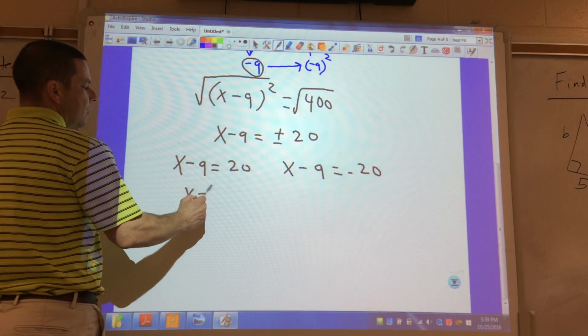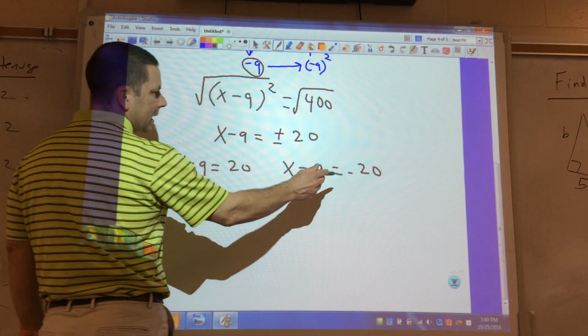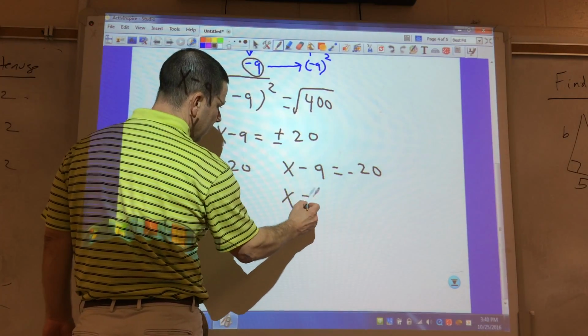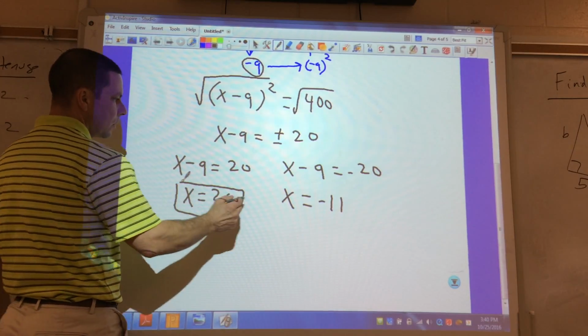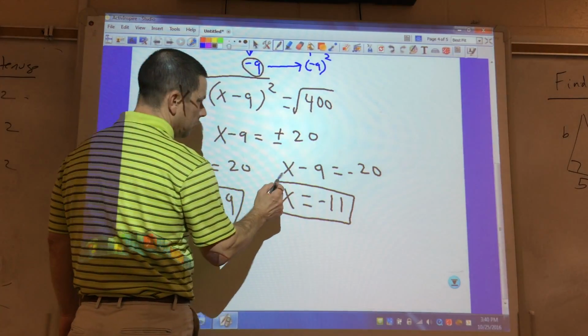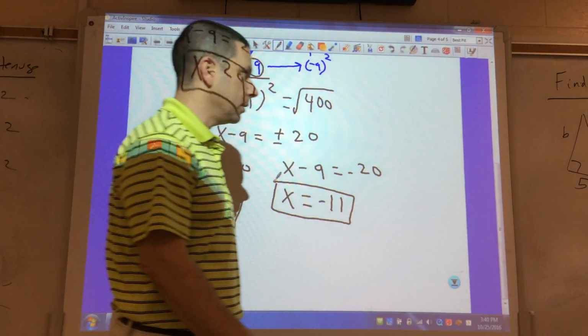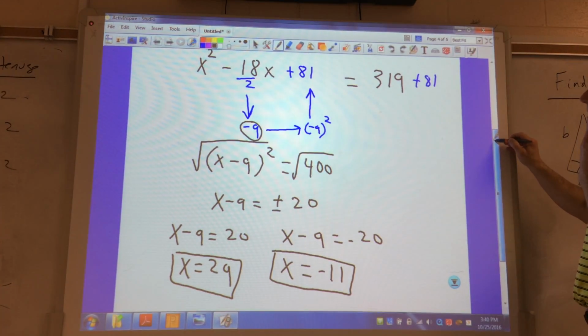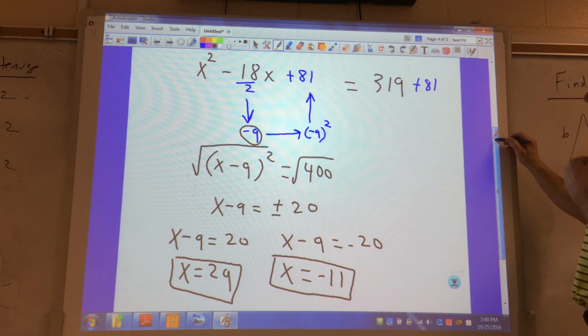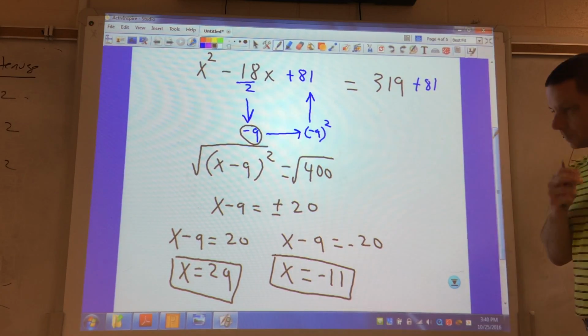Add 9, so x equals 29. Add 9 here, and x would equal negative 11. So there's our two solutions we get when we solve by completing the square. So you can see all that at once there.